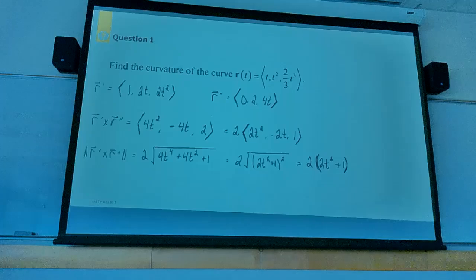Why no absolute value? Is that the square root thing, the magnitude of the 2t squared stuff? Yeah. Okay.